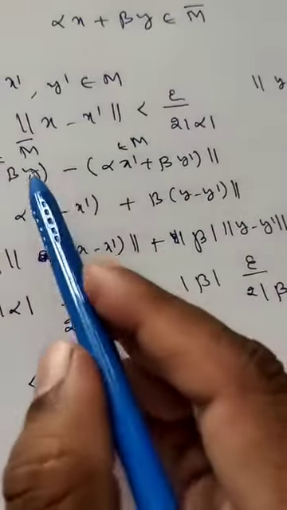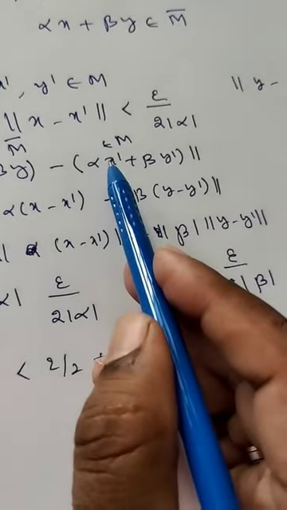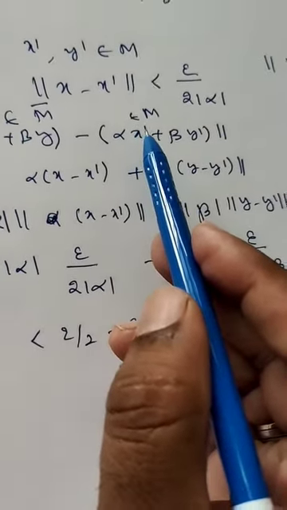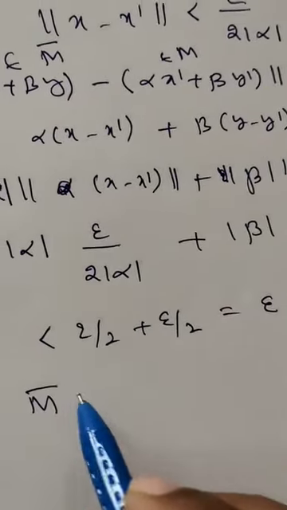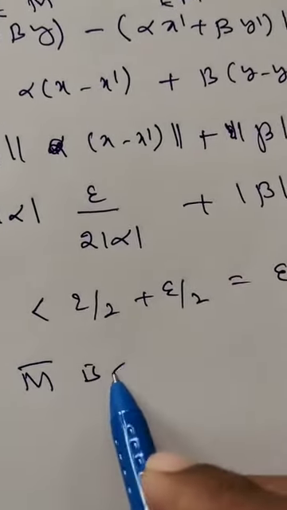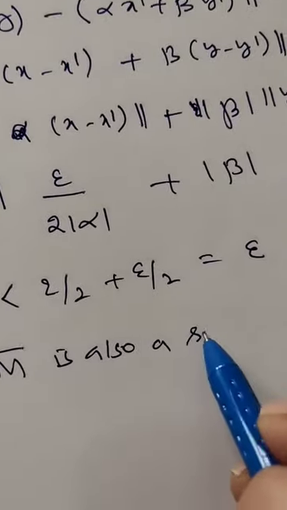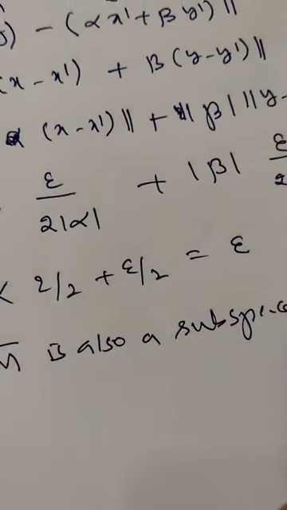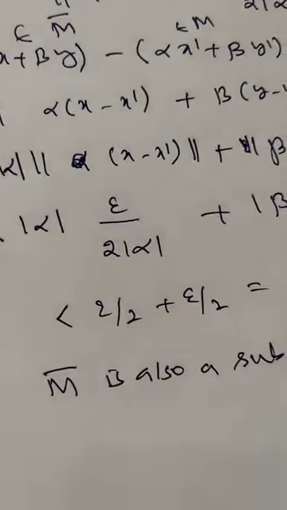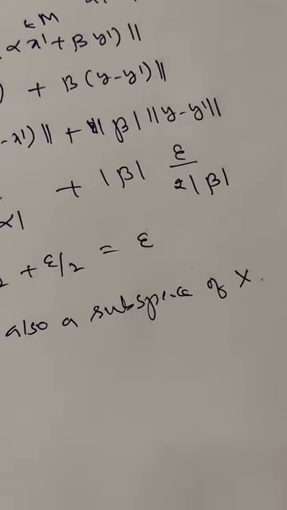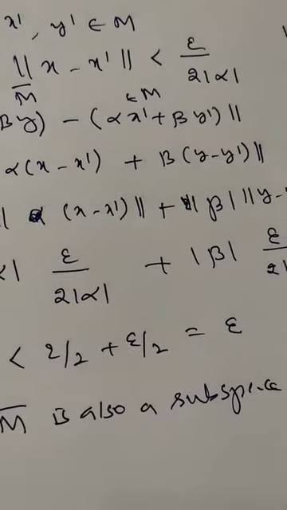Means this element is in the neighborhood of this one. Okay. So what we can say, therefore, M bar is also a subspace of X. Subspace of X means the closure of a subspace is also a subspace of X. This is a small result and it's important also.